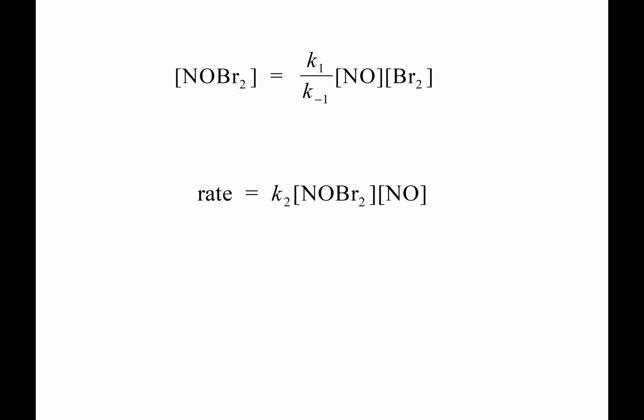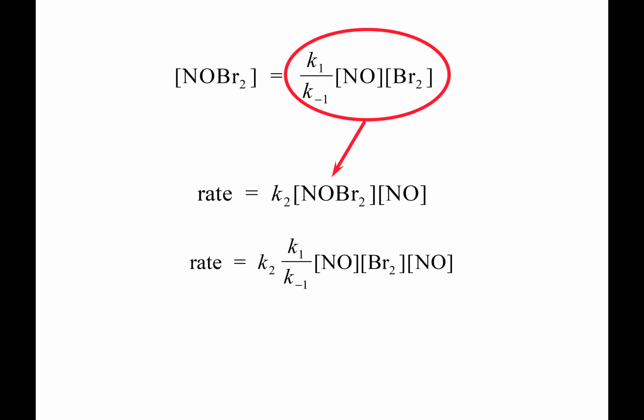From earlier, when we looked at the second elementary step, this was the rate law expression we came up with, the rate determinant step. This is where we want the substitution to occur. So basically, we just take this quantity and plug it in there. And it looks like this. It looks kind of weird with all those K's, okay? Rate law constant K2 times rate law constant K1 divided by rate law constant K negative 1.